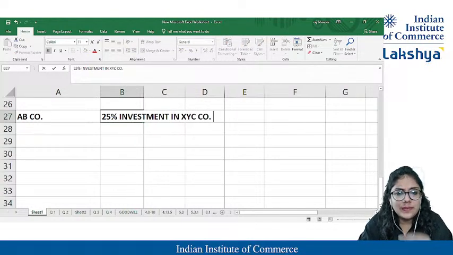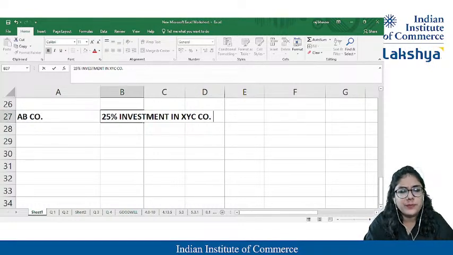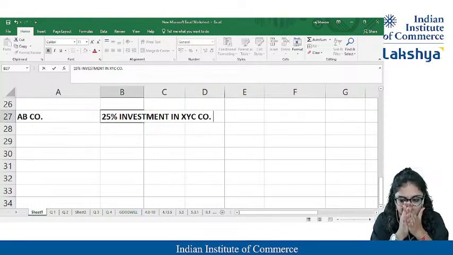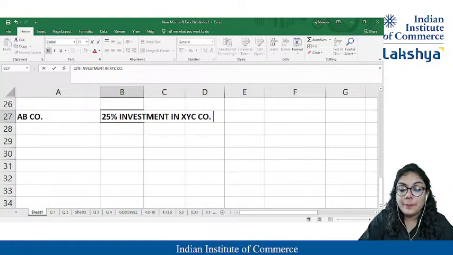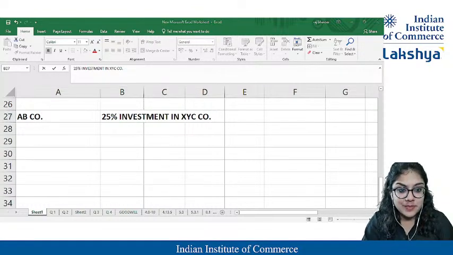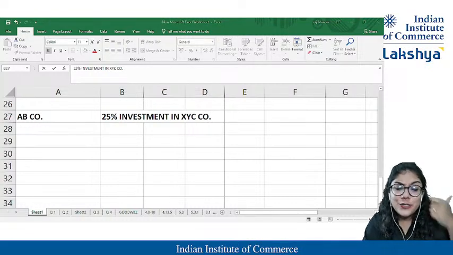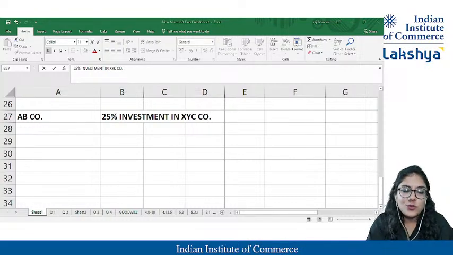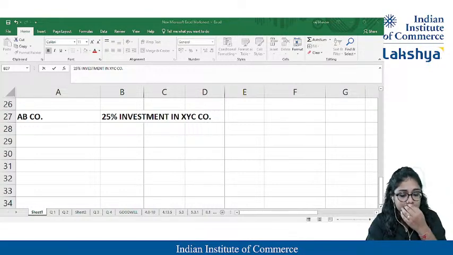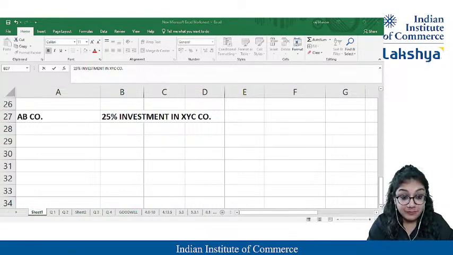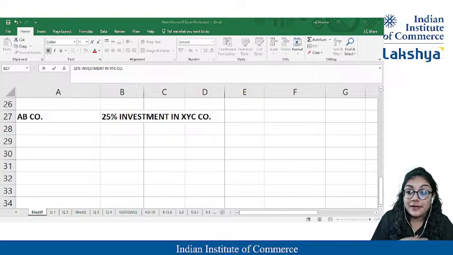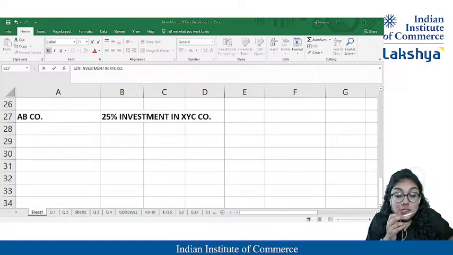Along with that, I don't have any control. ABC company has just made a 25% investment. With 25%, can I control that company? No, ma'am, how? Just 25%. There will be another party who will be having more than 75%, or there could be a scenario where 2-3 parties are holding.